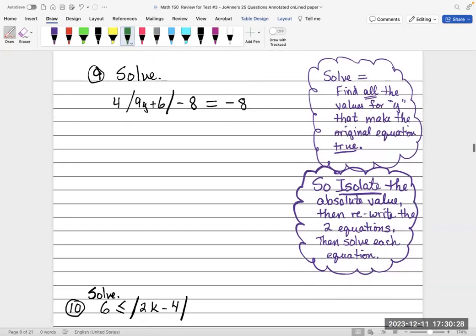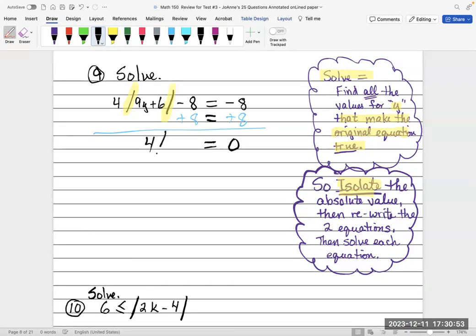Solving an absolute value. Again, solve means find all the values for your variable that make the equation true. So I'm going to start by trying to isolate the absolute value. Okay, so I'm going to add 8 to both sides. If you get 0 as an answer, that's okay. Please make sure your equal signs stay lined up.